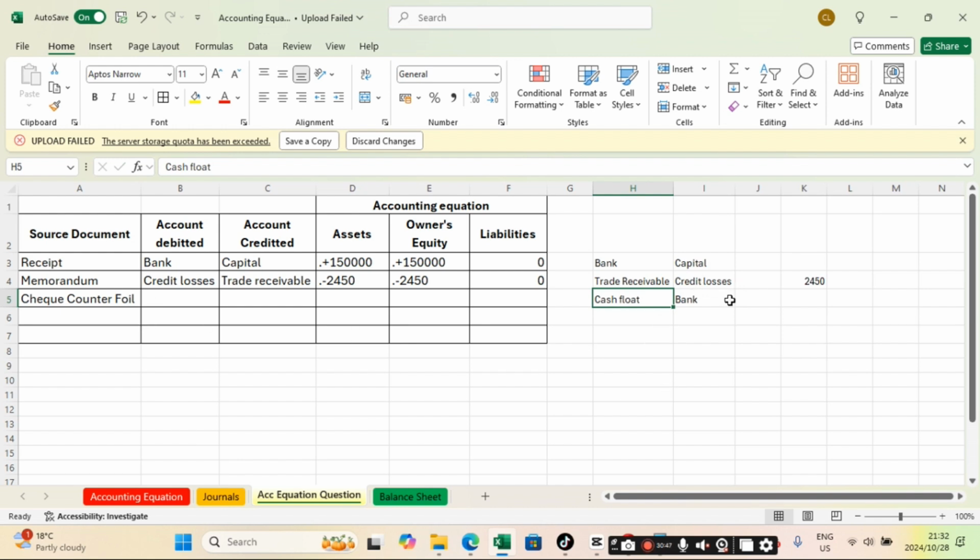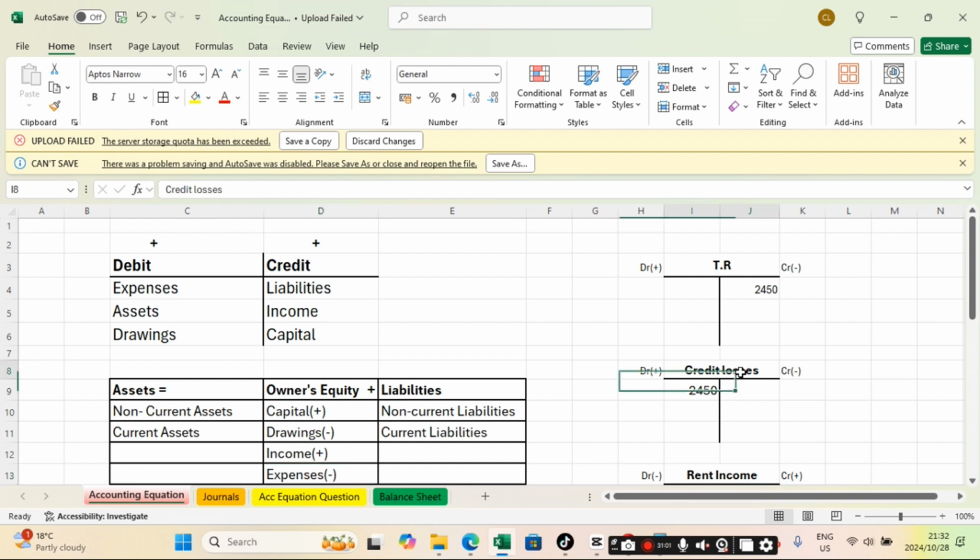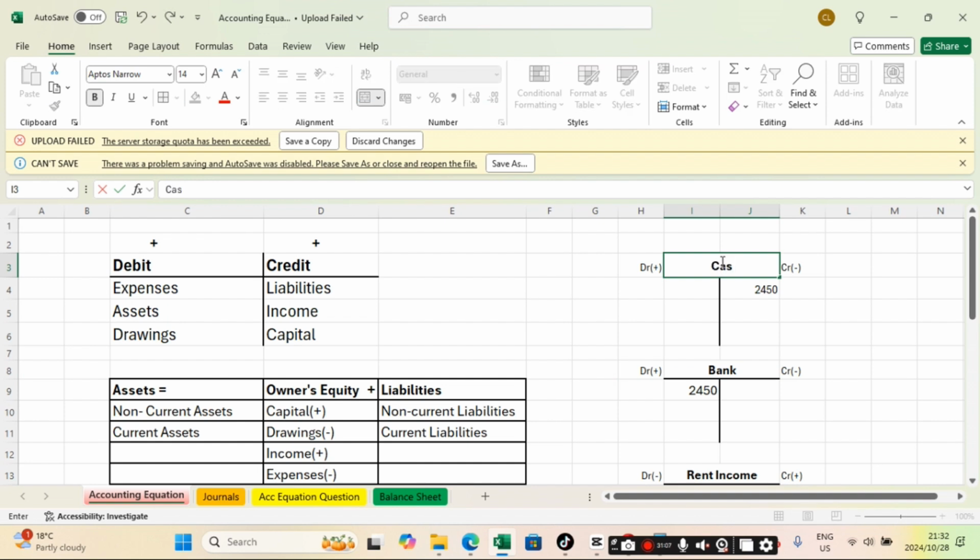So now we need to know from these two, which account will be debited and which account will be credited. We have bank, then we have cash float.